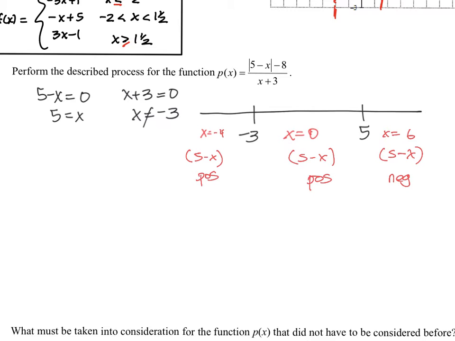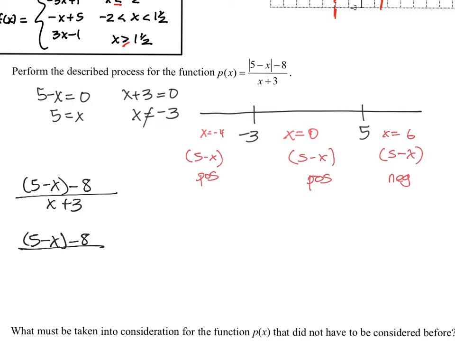So let's write it in exactly like we have here. So on that part, we have 5 minus x minus 8 over x plus 3. The middle chunk would be 5 minus x minus 8 over x plus 3, well, that's the same thing.